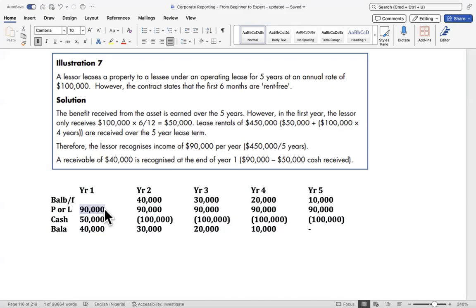Who can tell me the double entry for this 90,000? Even though I will not ask you what is double entry, I believe this is a reporting class, so you have to know double entry. Even though you won't find too much of it in the exam, next week I'll be solving that number one question of last diet.